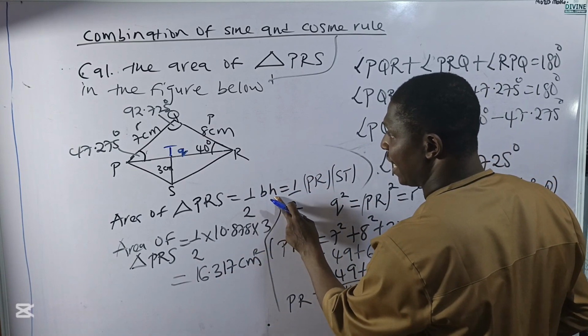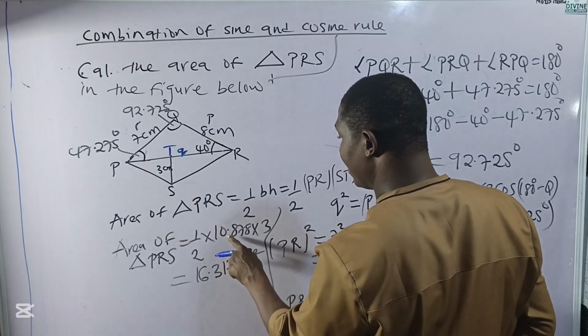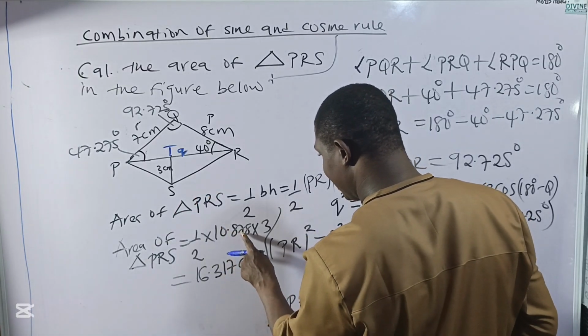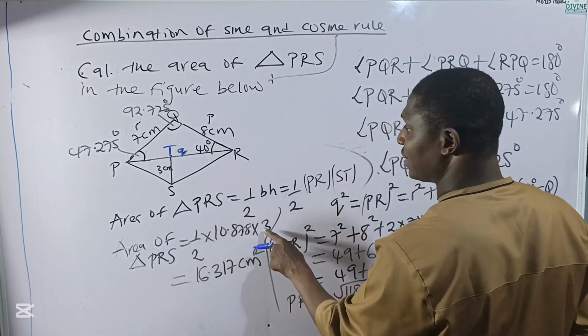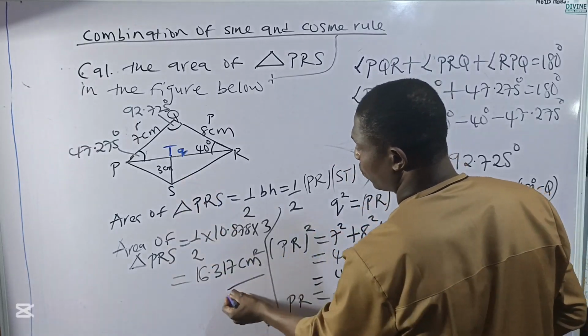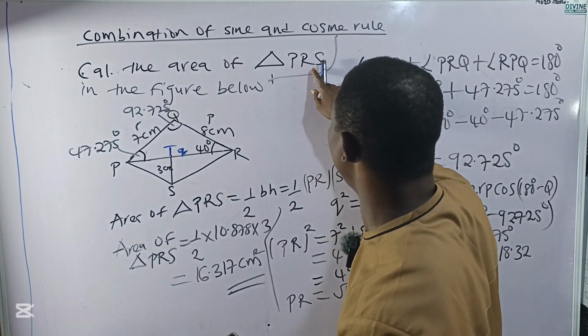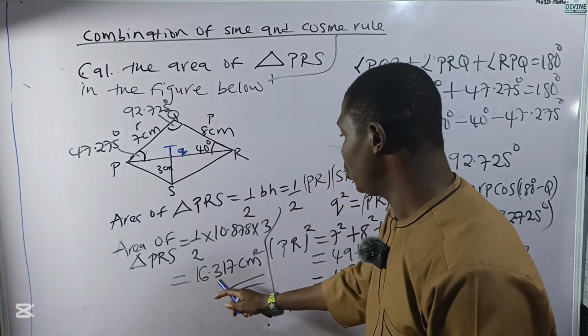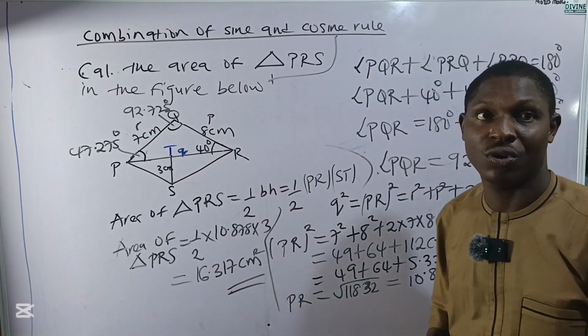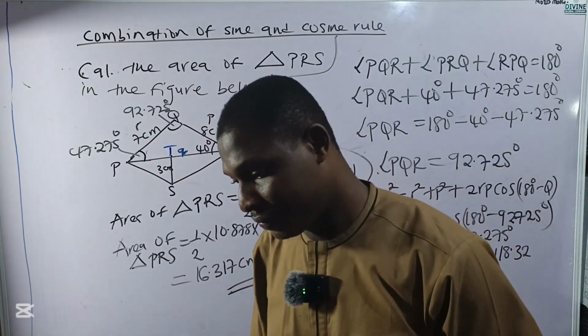Because we have base and height. So if the two units combine, 10.878 centimeters times 3 centimeters will give me centimeter squared. So the final answer for the area of triangle PRX is equal to 16.317 centimeters squared. Thank you.